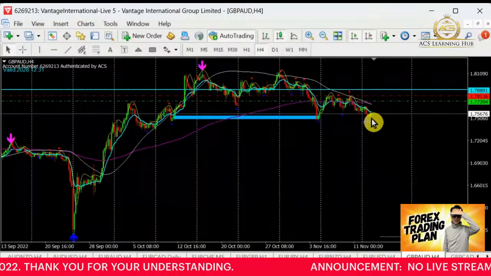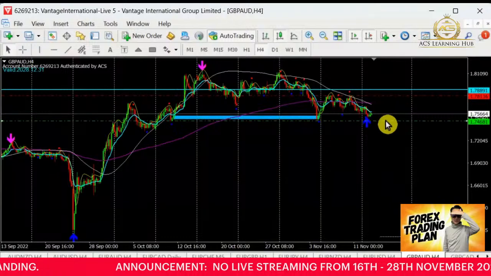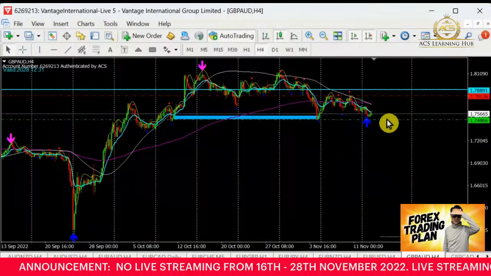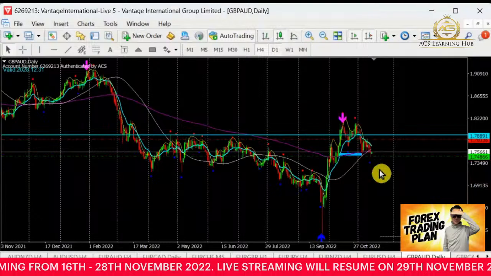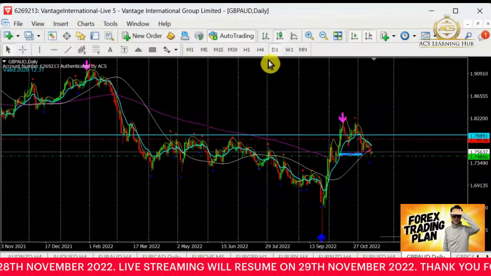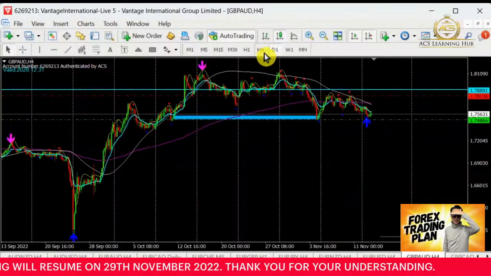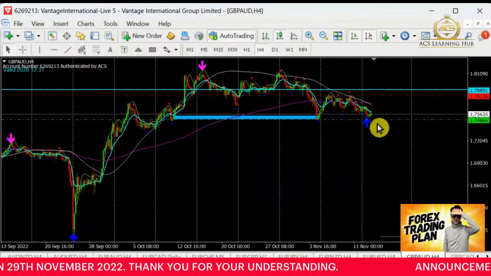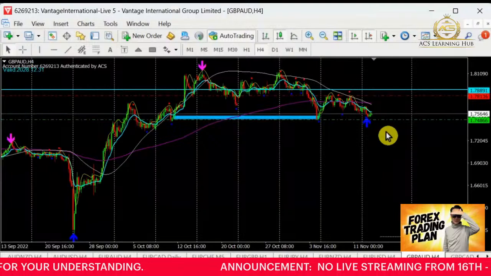Yesterday another one came up, so it's formed as a support in this area. Since we are looking out for a bear, I'm looking out to sell, but it has to break the support level over here. Make sure it breaks the support level, then there will be a good chance for selling.